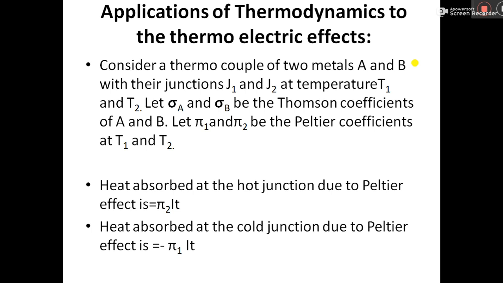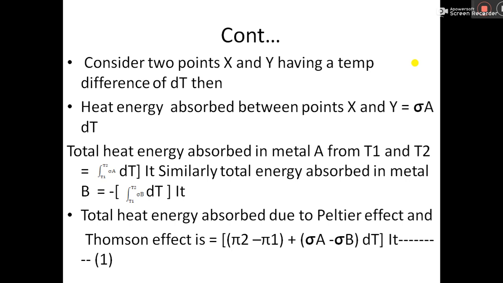Heat absorbed at the hot junction due to Peltier effect is pi 2 I into T. So heat absorbed at the cold junction due to the Peltier effect is minus pi 1 I into T. Here the negative sign indicates heat energy is evolved or liberated. Total heat absorbed due to the Peltier effect is given by pi 2 minus pi 1 I into T.